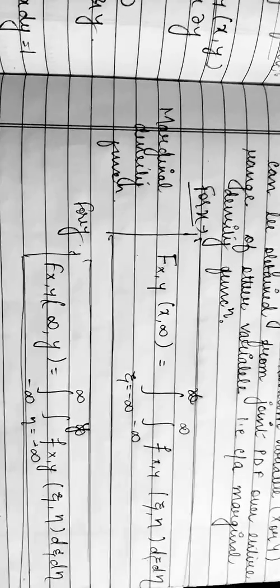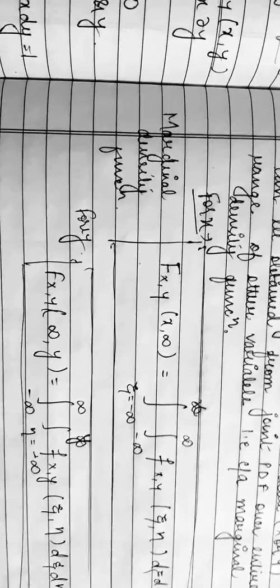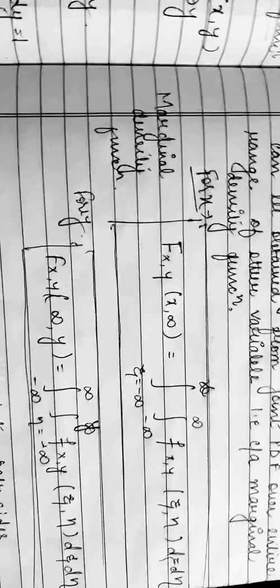Now we simply take a finite range of one of the variables, that may be x as well as y, and put the finite limit on the other variable.